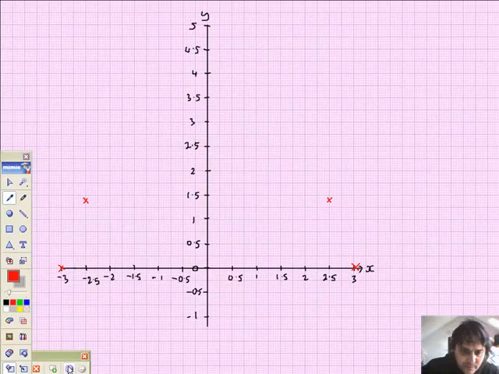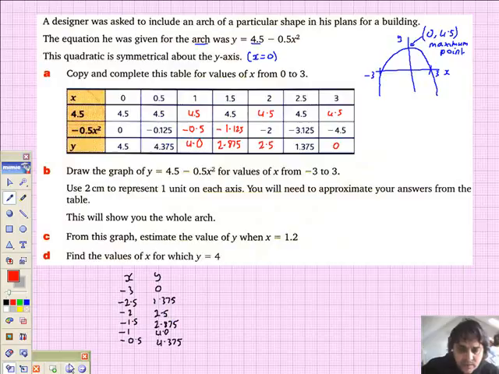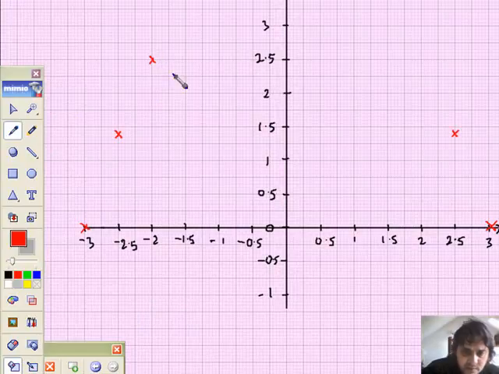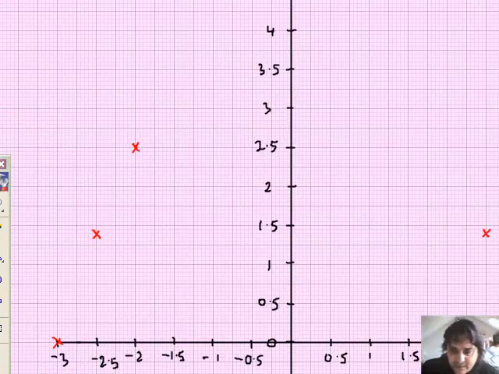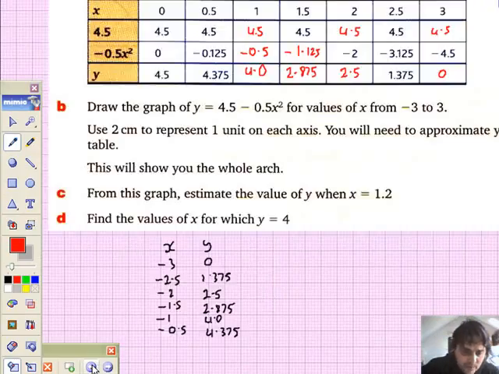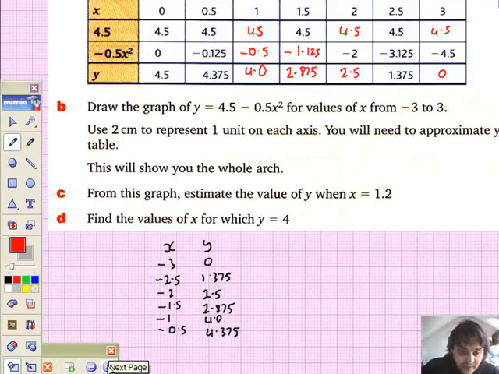Next one. 2.5. Okay, so it's -2 and 2.5. 2.5 isn't too difficult because it's exactly on the line where I can see it carefully. So -2 will be 2.5. So you can go right there and be happy. Next one. -1.5 and 2.875.